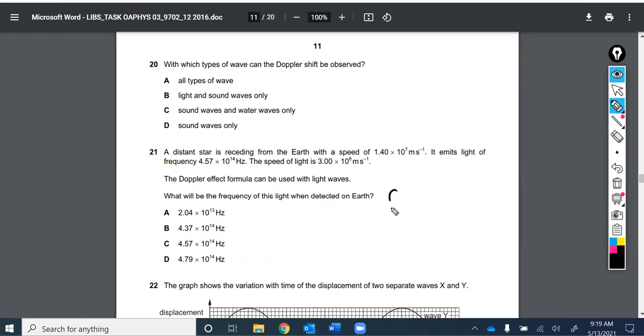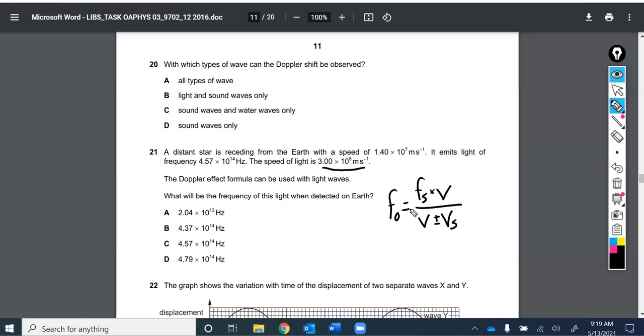We've got the observed frequency is going to be equal to the frequency of the source times the velocity of the wave. So if it's light, there's the speed of light approximately, divided by the speed of the wave. And then we either have to add or subtract how fast the source of the wave is moving.